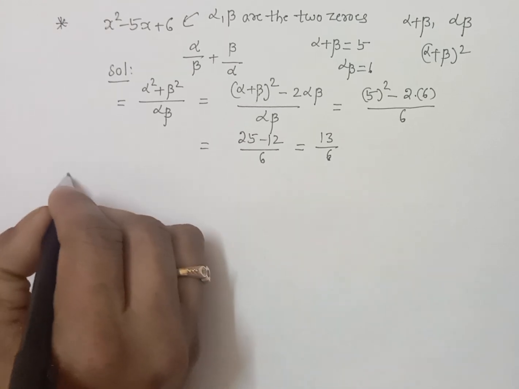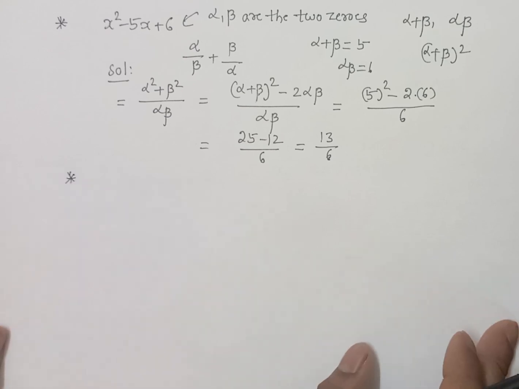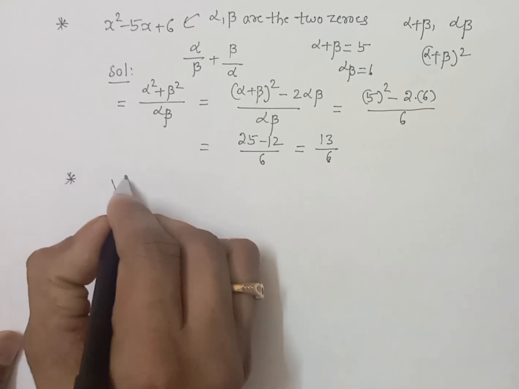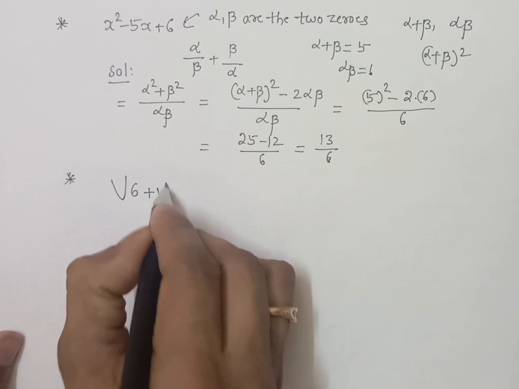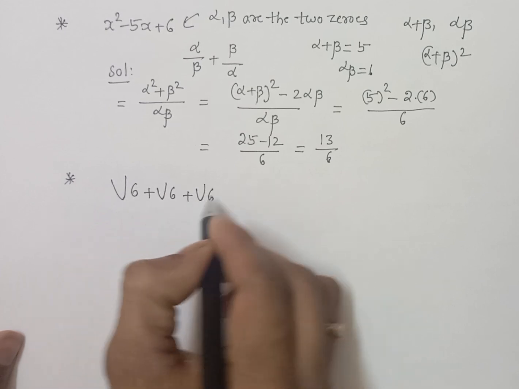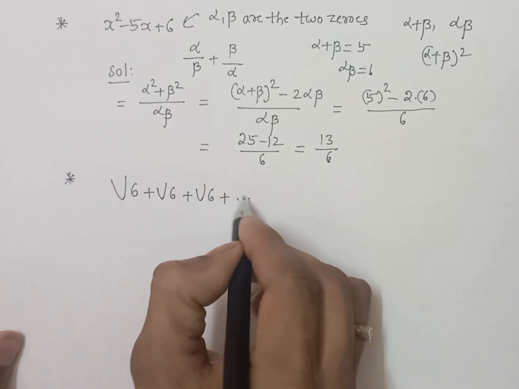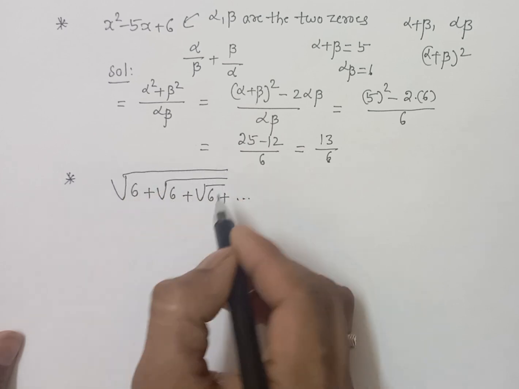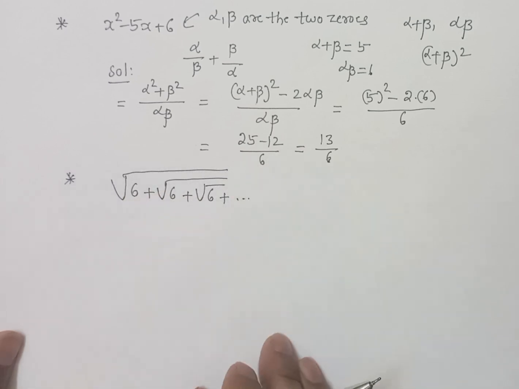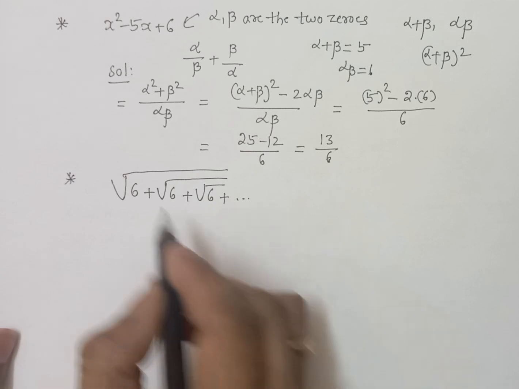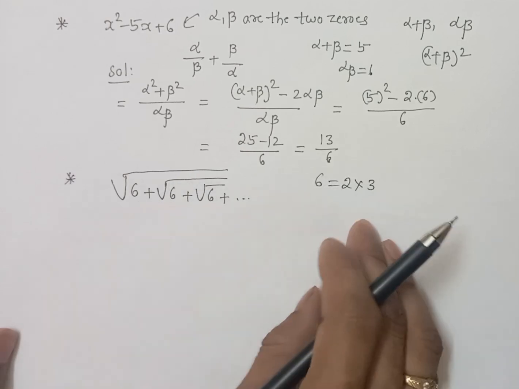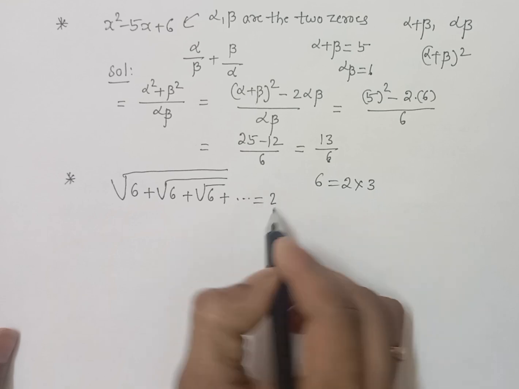And one very important thing: you might have seen in competitive exams a question on under root of 6 plus root 6 plus root 6 plus and so on. If it is given to you, I'll tell you one shortcut for how to do this problem. 6 can be written as 2 into 3; simply find the bigger number, 3.